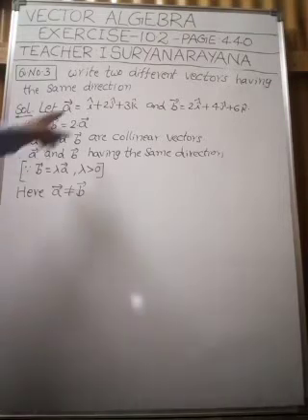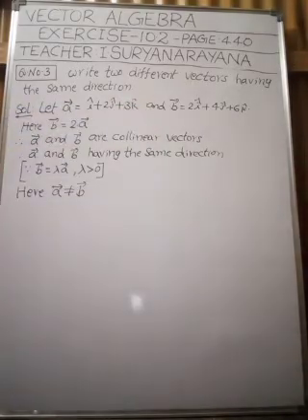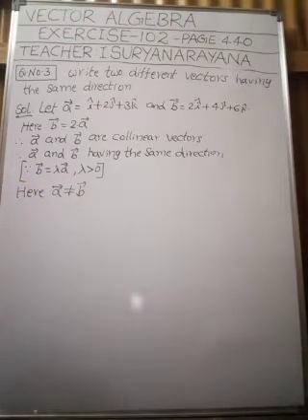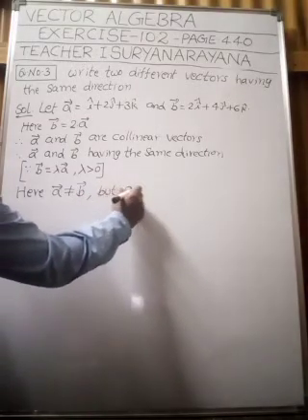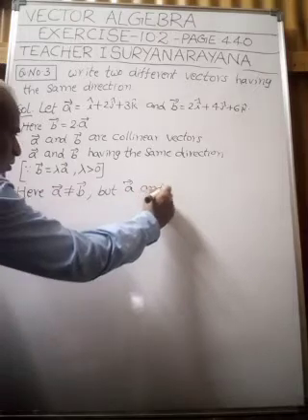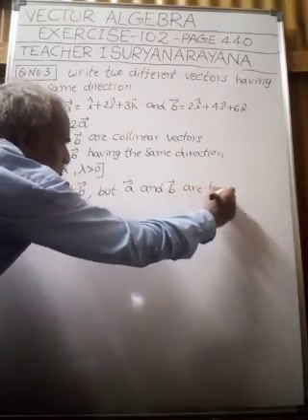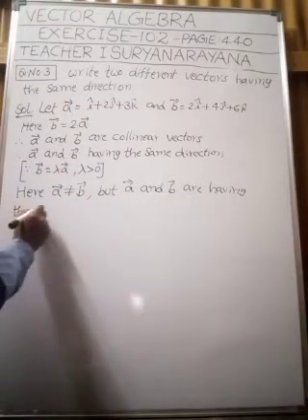But here, if you find the magnitudes of A bar and B bar, they will be different. They will not be equal. That is why A bar is not equal to B bar. They are not equal vectors. But A bar and B bar are having the same direction.